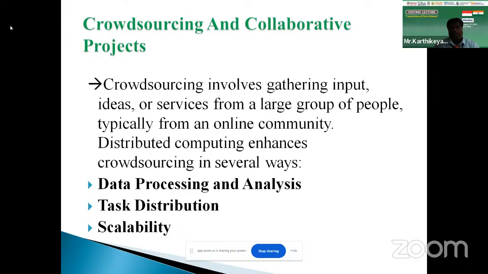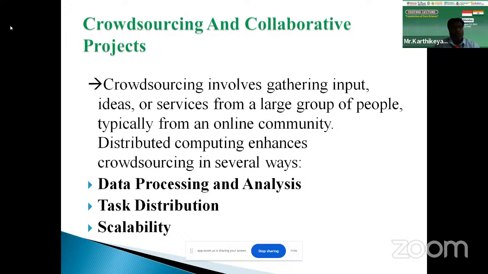For instance, platforms like Amazon Mechanical Turk use a distributed system to manage and process microtasks performed by a global crowd. Second, task distribution breaks down complex tasks into smaller manageable units and distributes them among numerous participants.